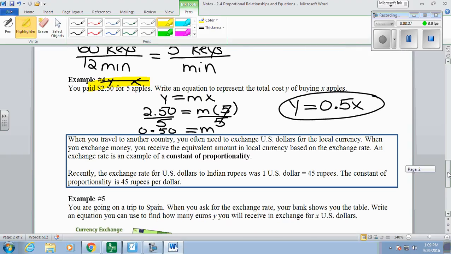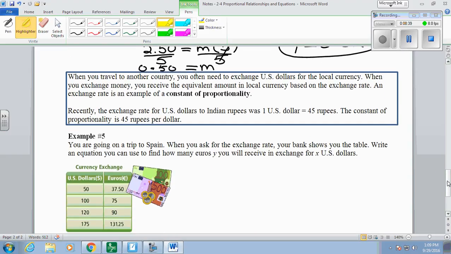So now, when you travel to another country, you often need to exchange US dollars for the local currency. When you exchange money, you receive the equivalent amount in local currency based on the exchange rate. An exchange rate is an example of a constant of proportionality. So this exchange rate might not be completely up to date. Recently the exchange rate for US dollars to Indian rupees was 1 US dollar equals 45 rupees.